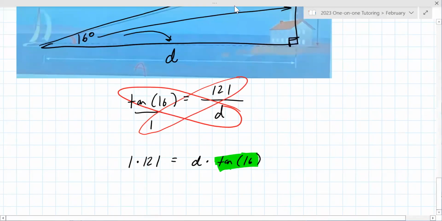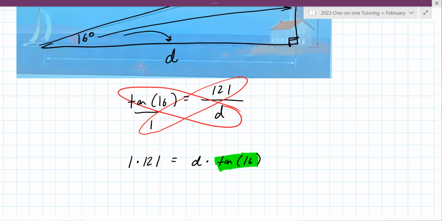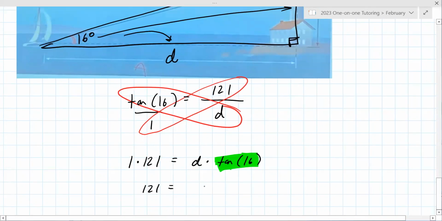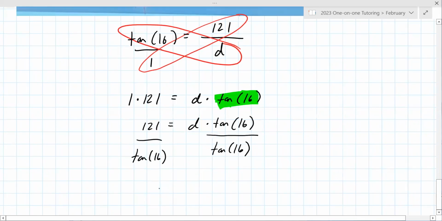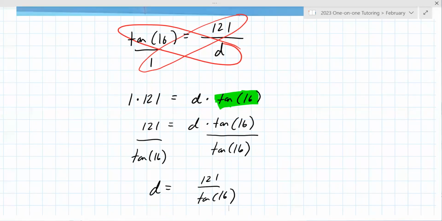So then you'd have 121 equals D times tan 16, and then you're able to divide both sides by tan 16. So you'll end up with D equals 121 over tan 16. Good. I will type that in right now: 121 divided by tan 16.